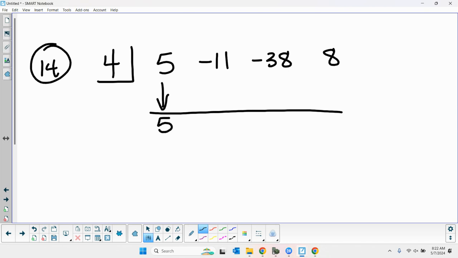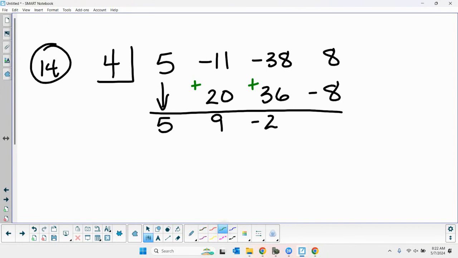Drop the 5 underneath. What do I do with 4 and 5? Multiply them. What do you get? 20. What do I do with these two numbers? Add them. That's 9, right? Then I start over. What's 4 times 9? 36. Now I add these, which is negative 2. What's 4 times negative 2?